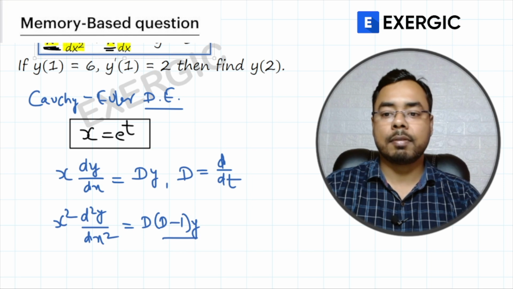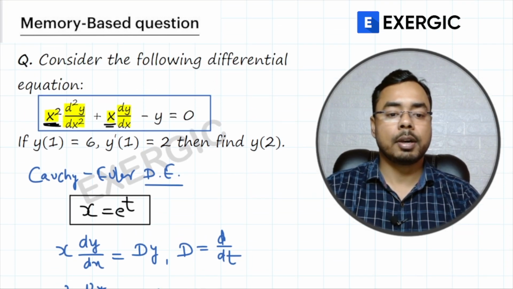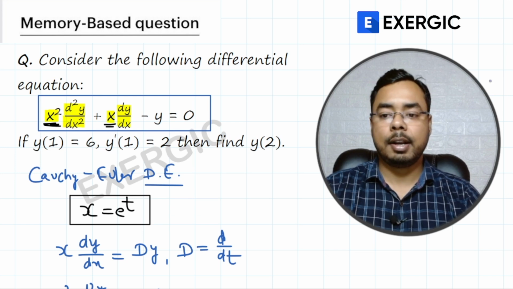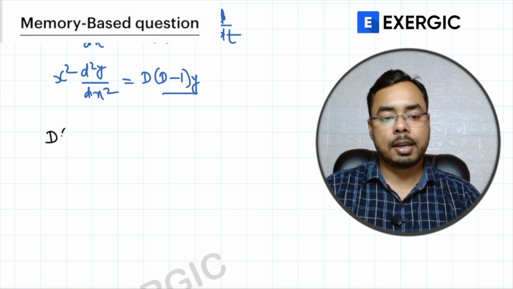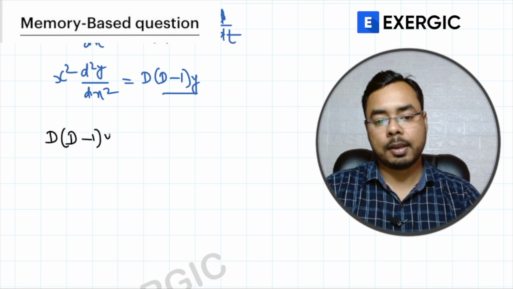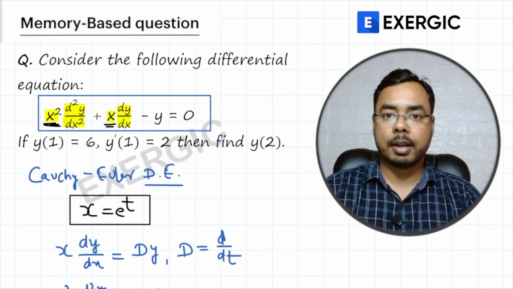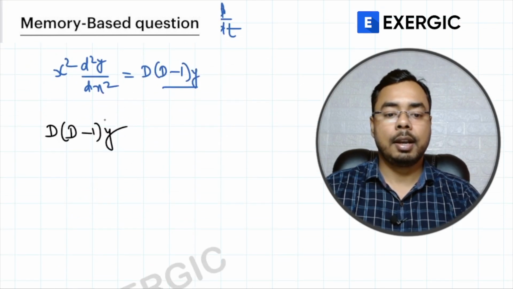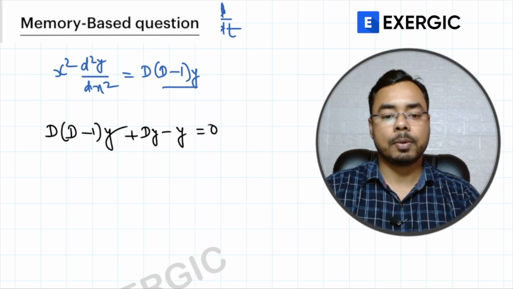In place of x square d2y by dx square, we can write D(D minus 1) y, and in place of x dy by dx, we can write capital D y, minus y equals 0, right?